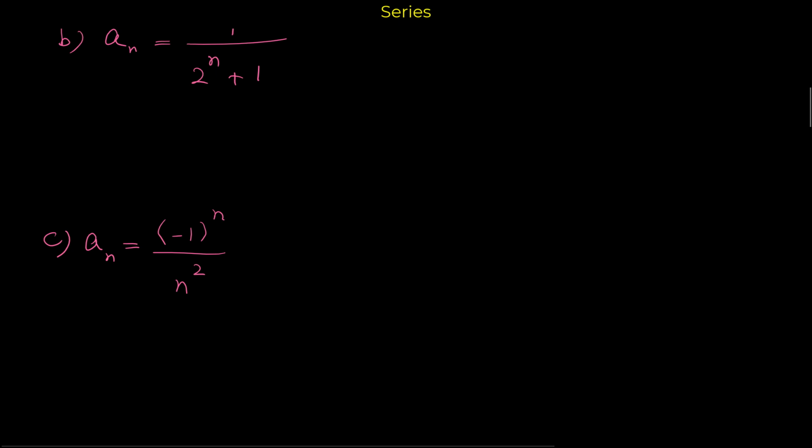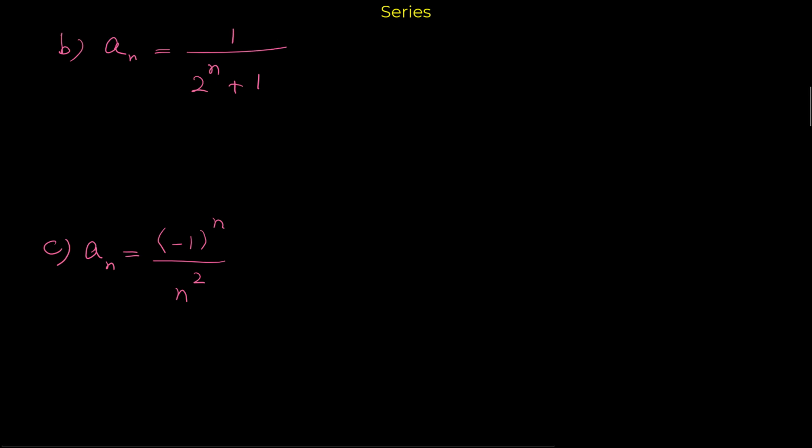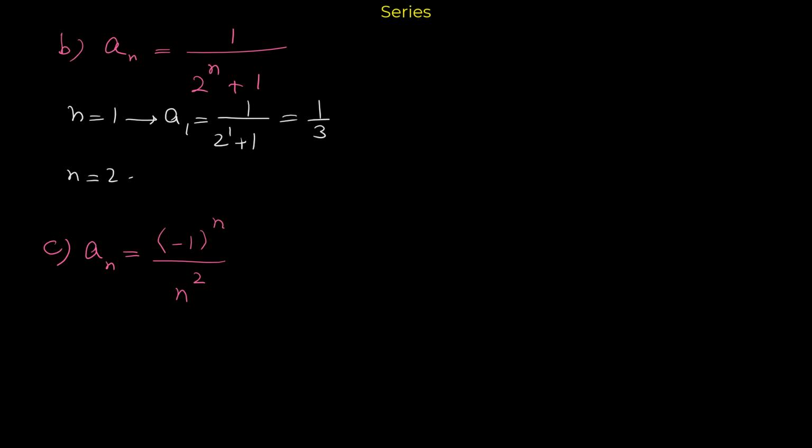In the next sequence, we have a_n equals 1 over 2^n plus 1. So we start with n equal 1. So the first term is 1 over 2^1 plus 1, which is 1/3. The next term, we plug in 2 for n. So a_2 would be 1 over 2^2 plus 1, 1 over 5.